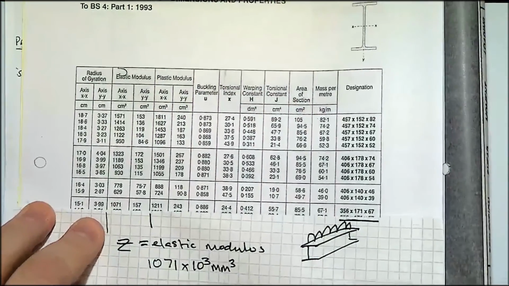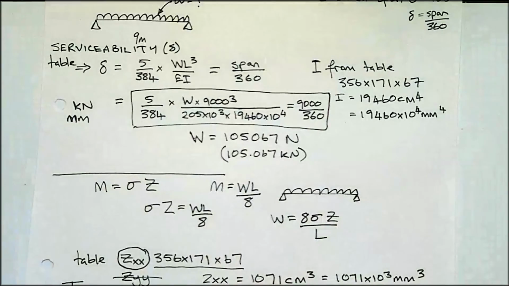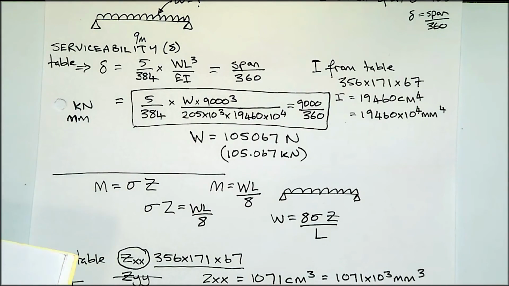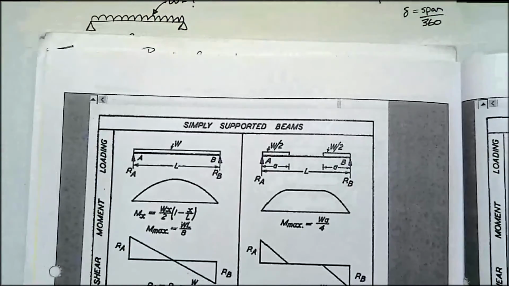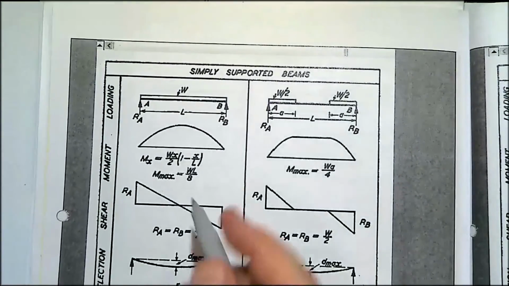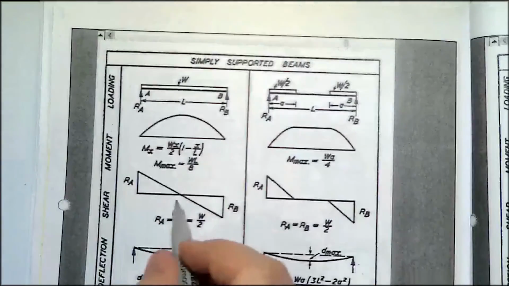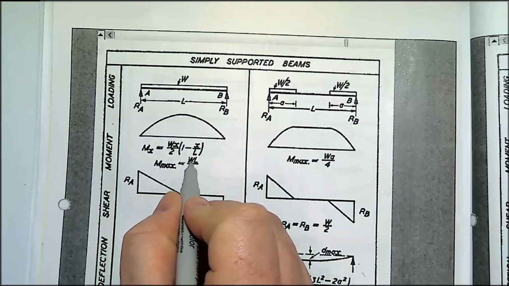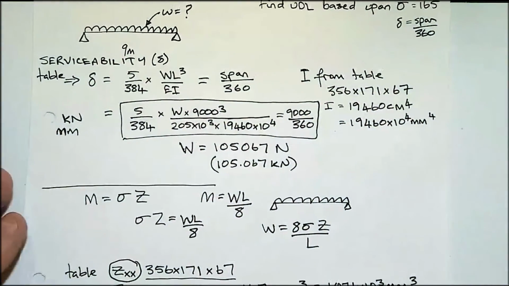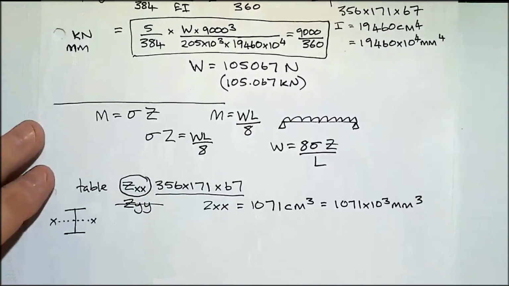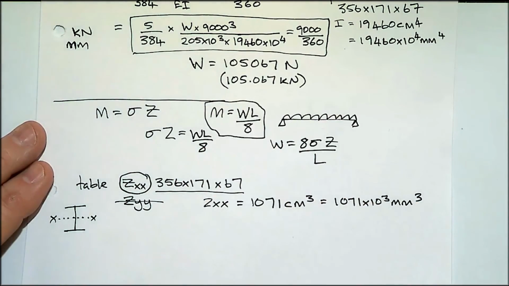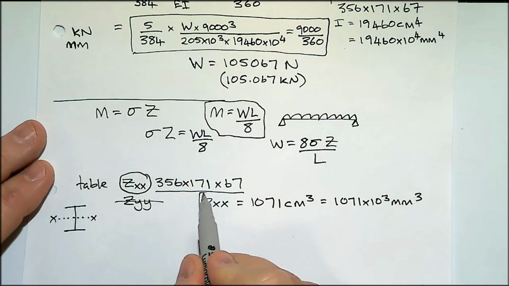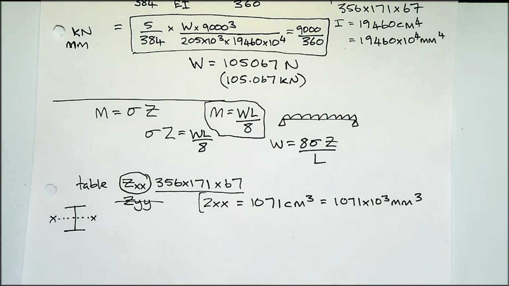So that's where you would get that value from. And looking at these simply supported beams, for a UDL, our maximum moment is WL over 8. So that's where we've got our M is WL over 8, and that's where we got our Z value from.